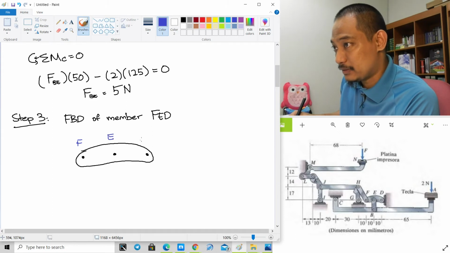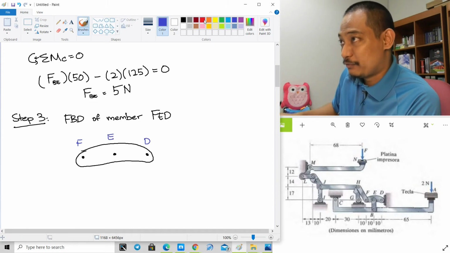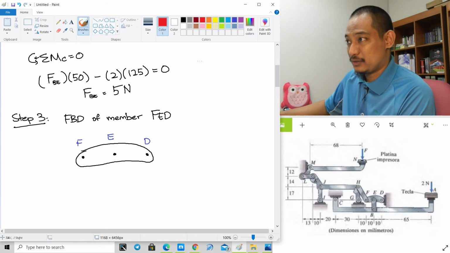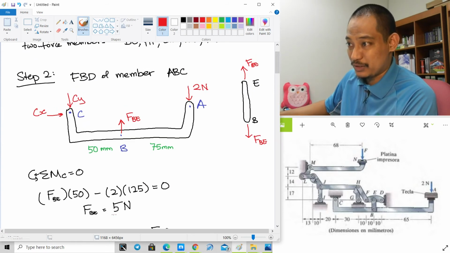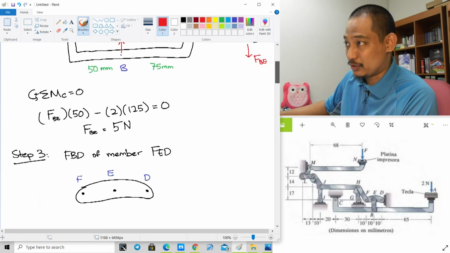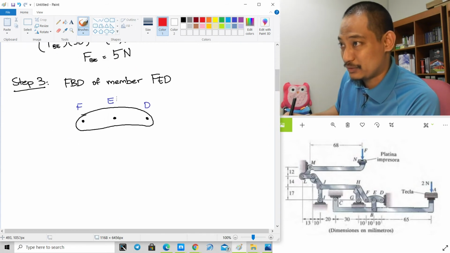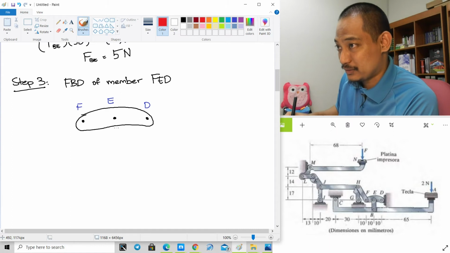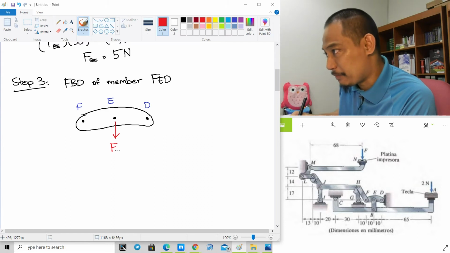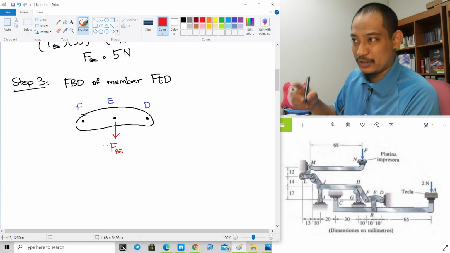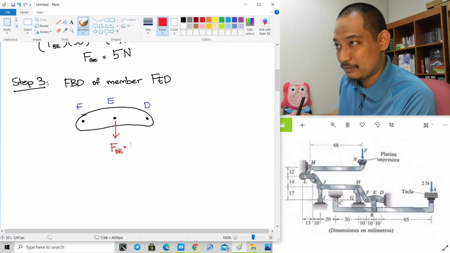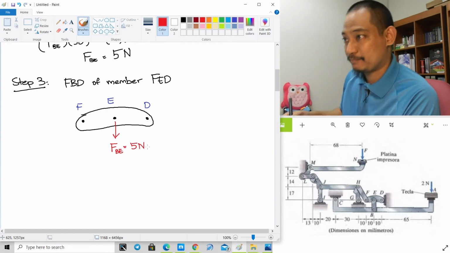Now from the force, let's go here. From this FBE, which is known as 5 Newton, the corresponding force is this one. We already know the value, it is 5 Newton.